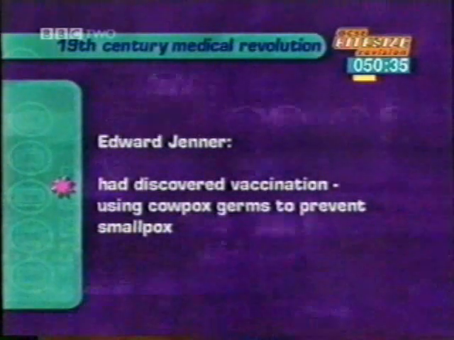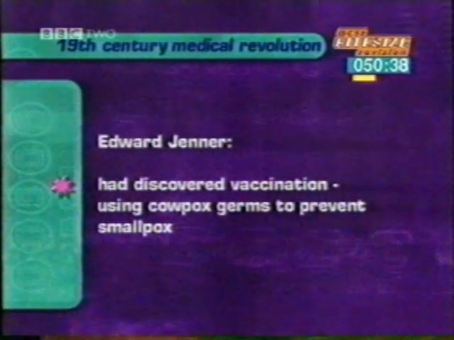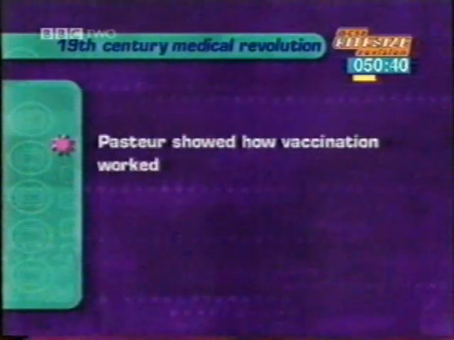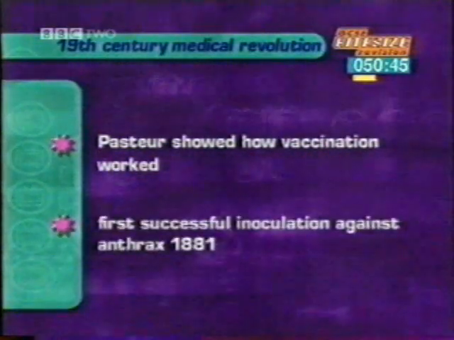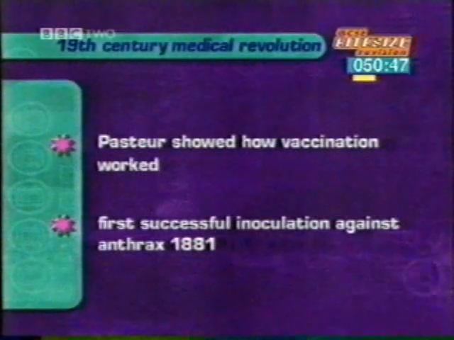But Jenner didn't know how it worked. Because of his work on microbes, Pasteur could show how it worked. His first successful mass inoculation against anthrax was carried out in 1881.